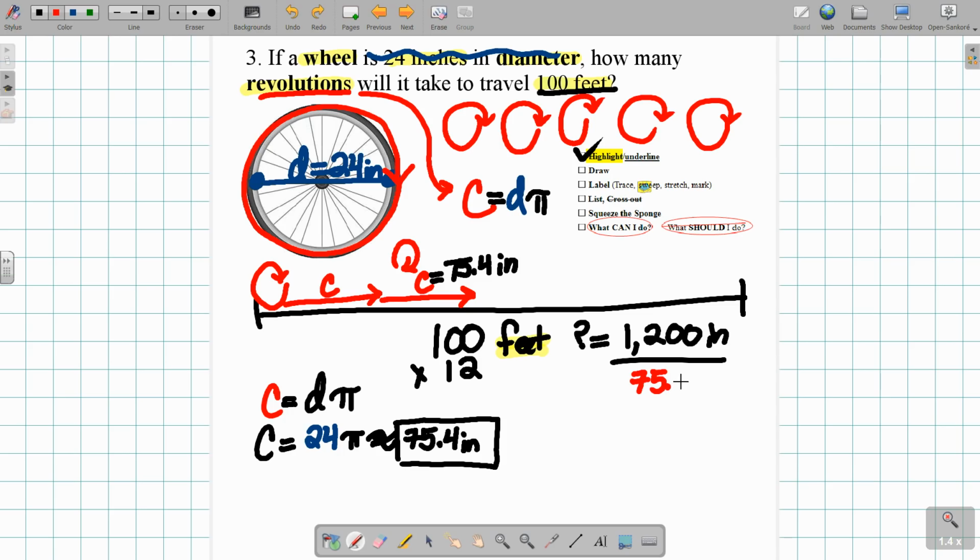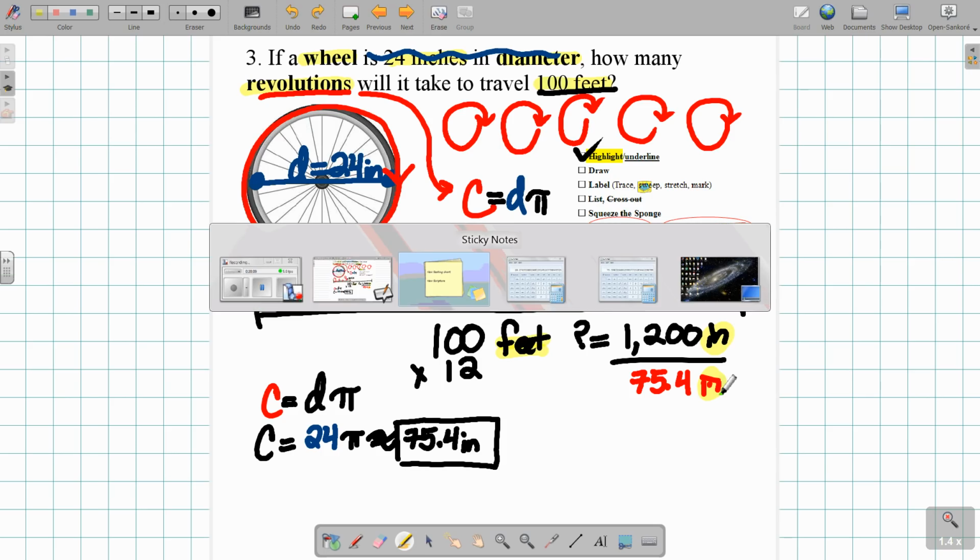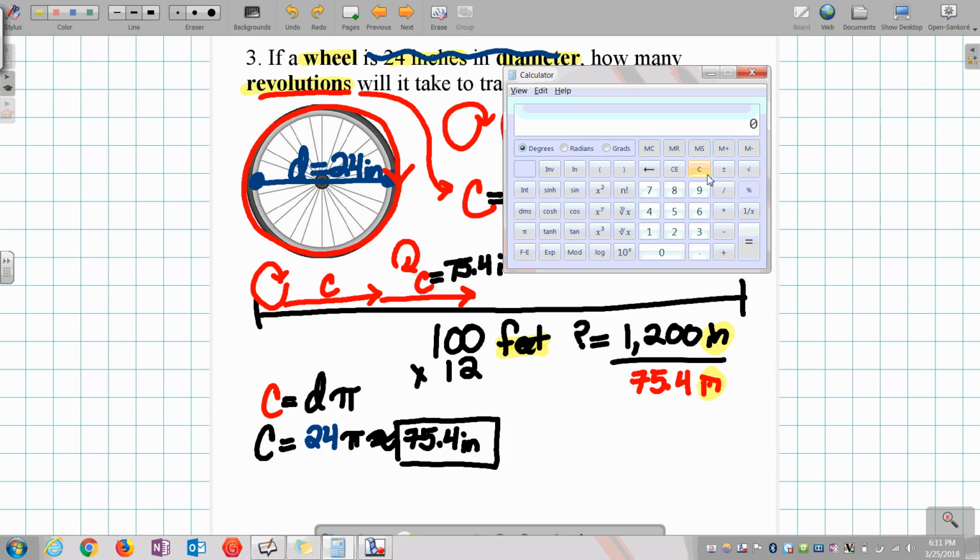So we're going to divide by our circumference, which is also in inches. Notice our units are now aligned. Get your calculators out. We're traveling 1,200 inches. We're dividing by the circumference, which is revolution.